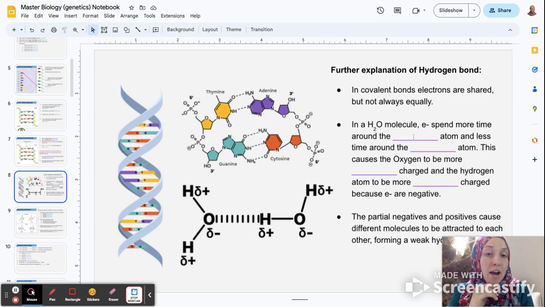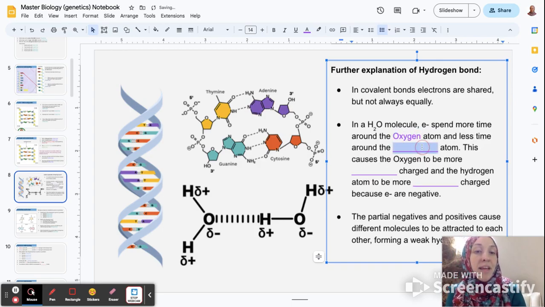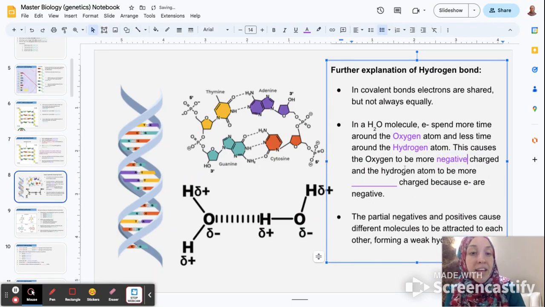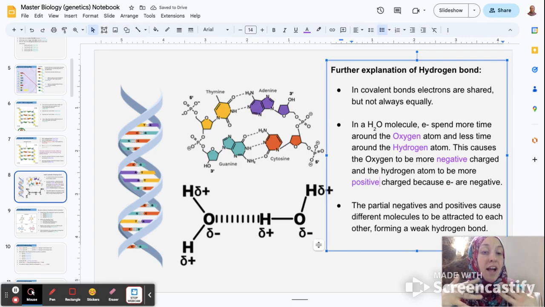So let's try this. In a water molecule, electrons spend more time around the oxygen atom and less time around the hydrogen atom. This causes the oxygen atom to be more negative and the hydrogen atom to be more positive. Okay? And then these attractions are called hydrogen bonds.